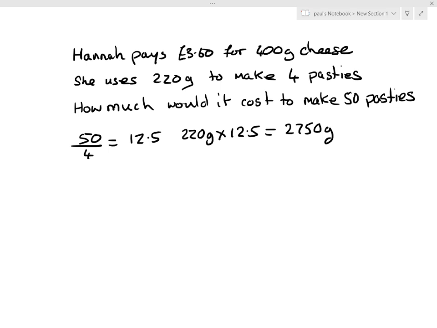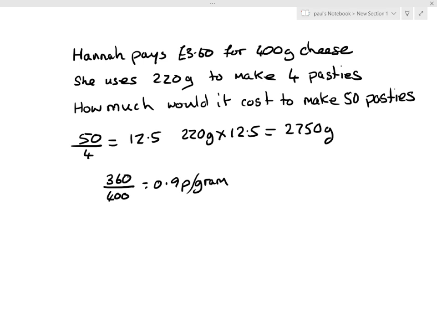Now, we know that it's £3.60 for 400. So what we're going to do is just find out what it is for 1 gram, really. So I suppose we'll change it into pence. 360 divided by 400 is equal to 0.9p per gram. 0.9 pence per gram of cheese.